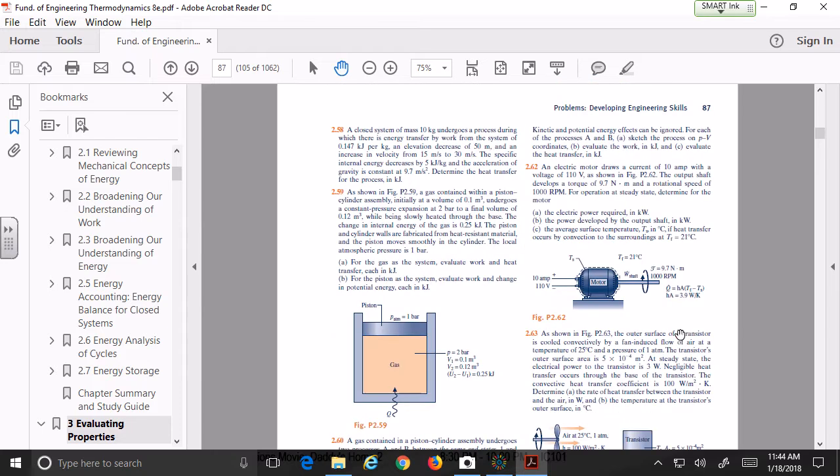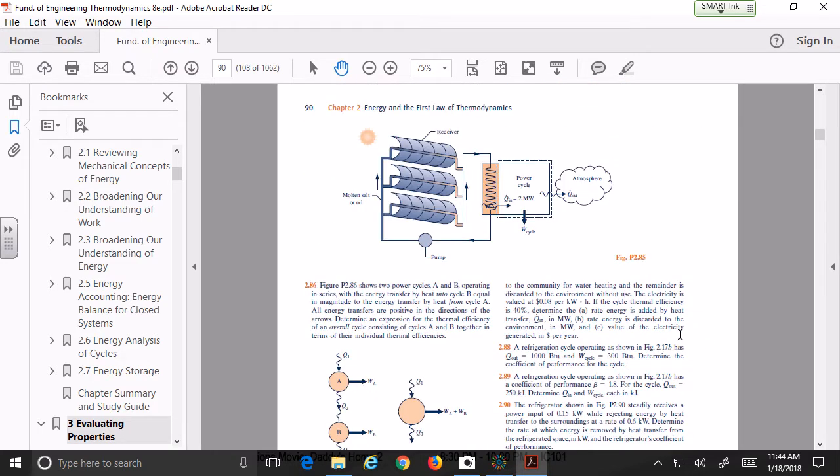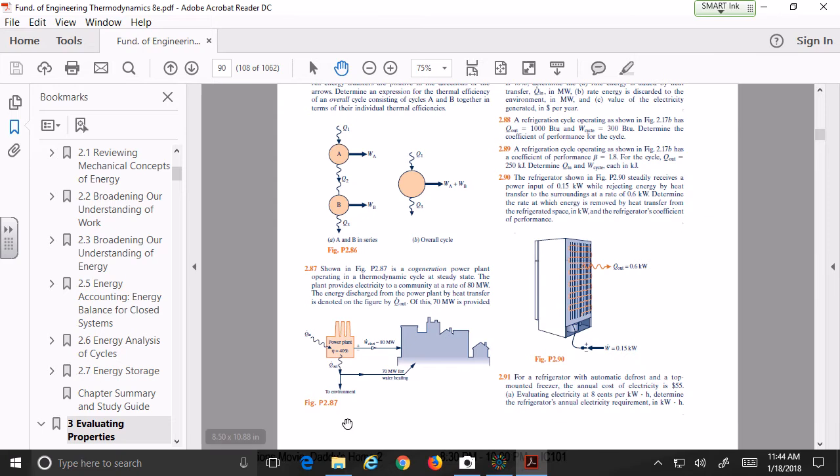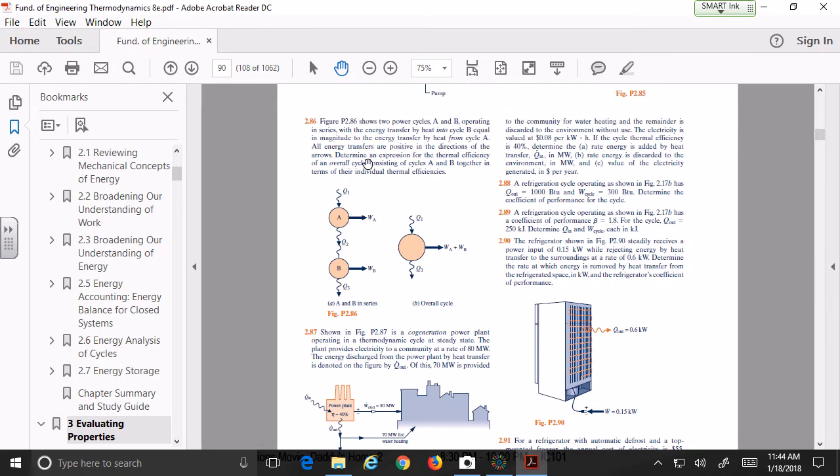Oh, okay, good. I came here. We need to do this stuff then afterwards. Oh, I think it's this one. This is the one I do all the time. Okay, so let's look at problem 2.86.